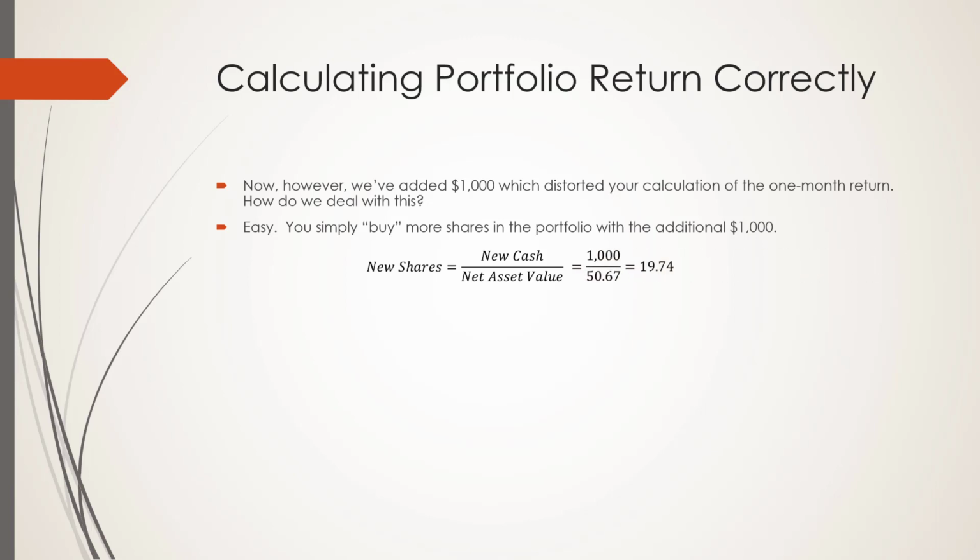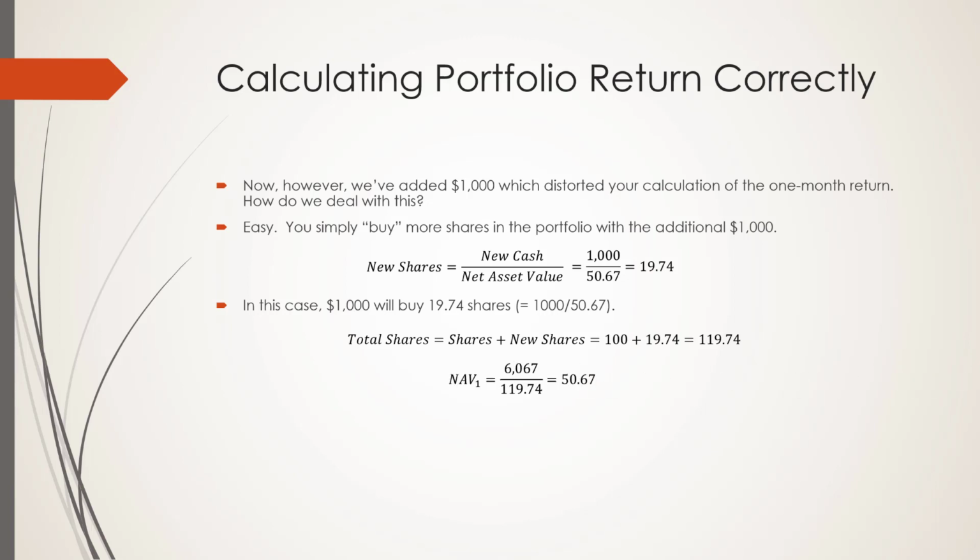So 1,000 divided by 50.67 gives us 19.74 additional shares. So now you're going to have your original 100 shares plus 19.74 additional shares. And so if you take the 6,067 divided by 119.74, you get the same net asset value per share, 50.67.